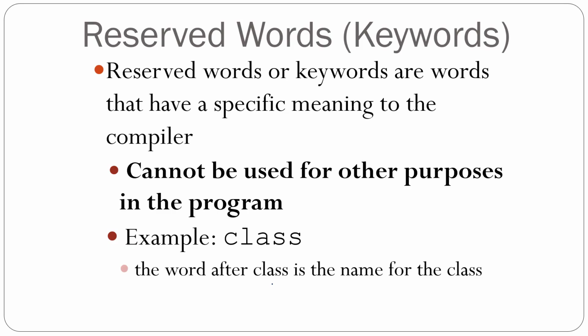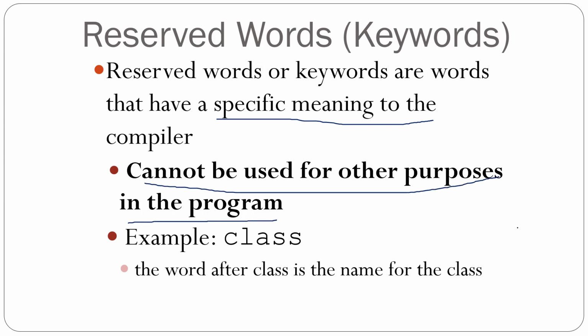Now let's look at some reserved words. What are reserved words? Reserved words or keywords are words that have specific meaning to the compiler, right? They have a specific meaning to the compiler, and we cannot use these reserved words for our own purpose, right? Okay, so class is a reserved word.